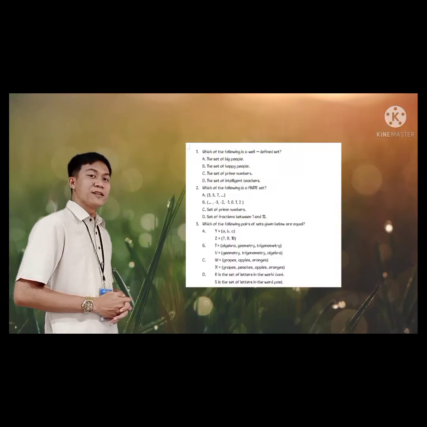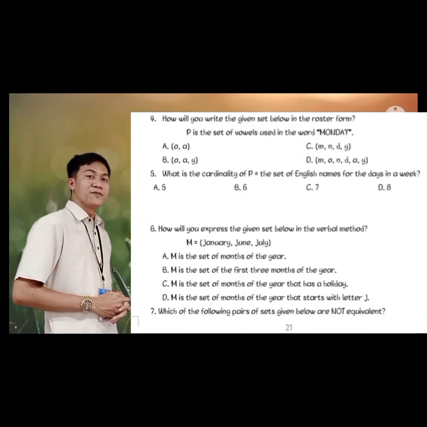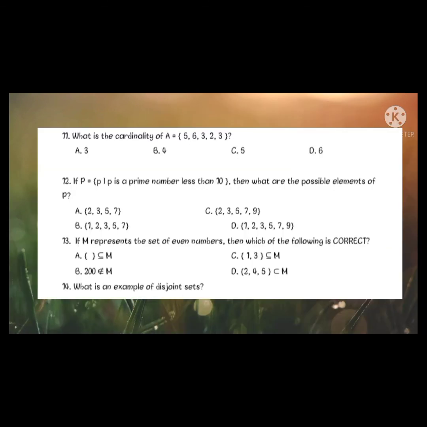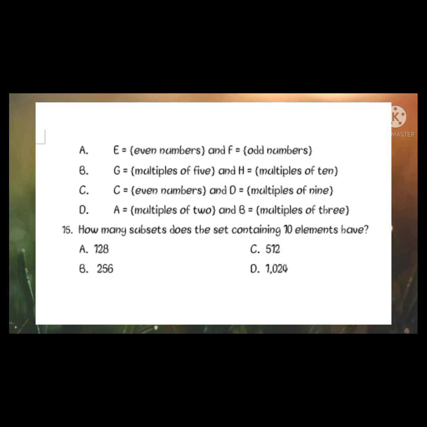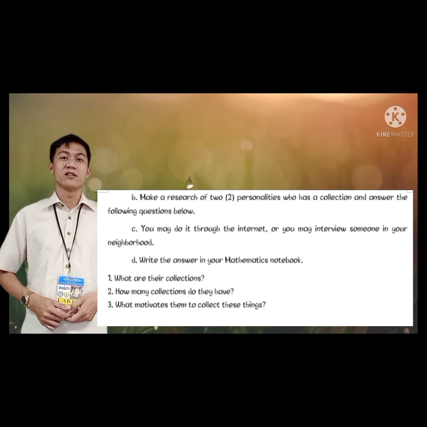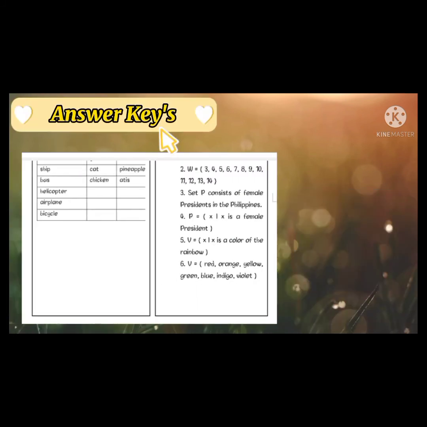For your assessment, please answer the following questions, number 1 up to 15. Just choose the letter of the correct answer. And of course, for your last activity, please answer the additional activity and answer the following questions.